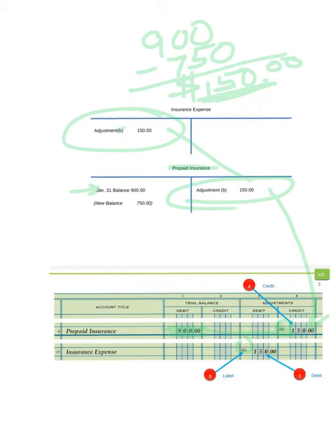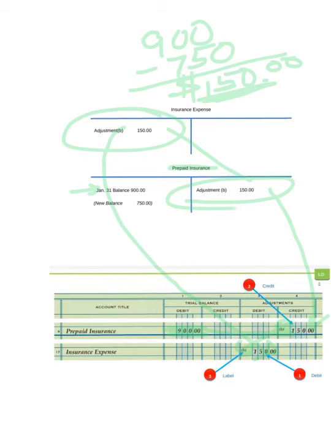Our insurance expense adjustment was a debit of $150, so we will mark it in the adjustments debit column as a debit of $150. Again, this was the second adjustment, so we'll put a little letter B next to it, signaling that these two adjustments go together.